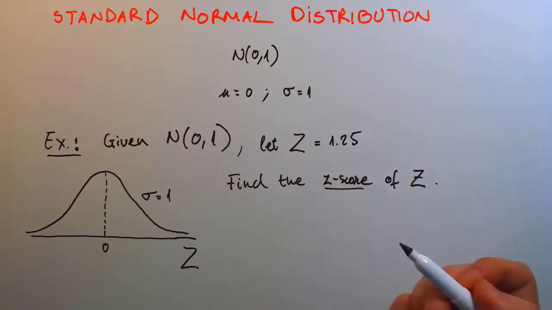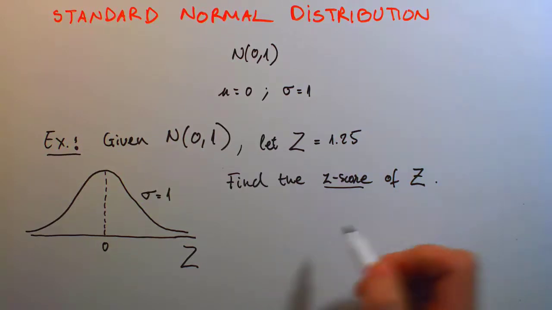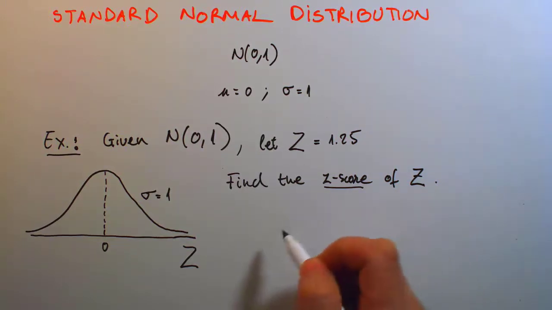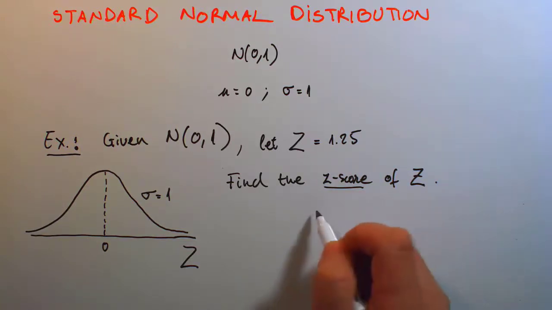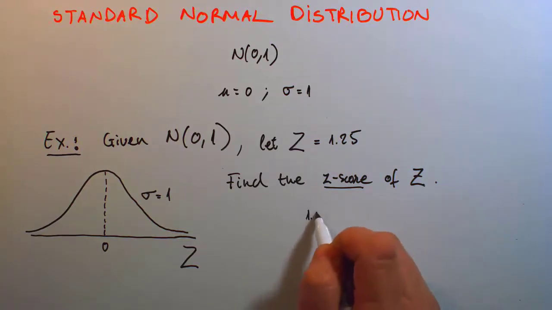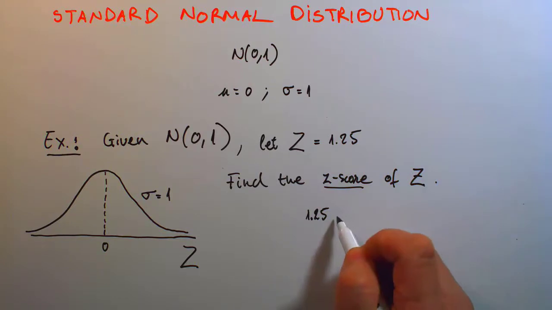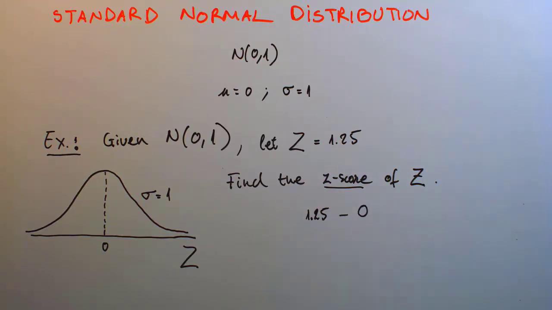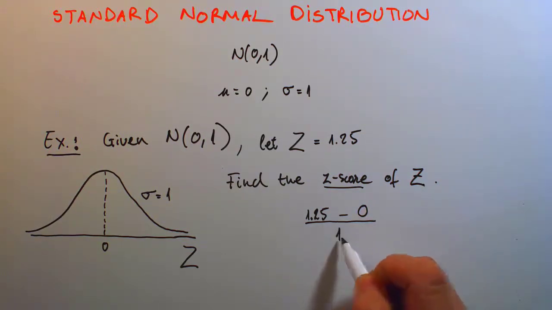And how do we find z score? So the last time we learned that z score on any data, once we had the mean, so our value here is currently being 1.25, and to find z score here, I must take our value, subtract the mean value being 0, and divide it by standard deviation 1.